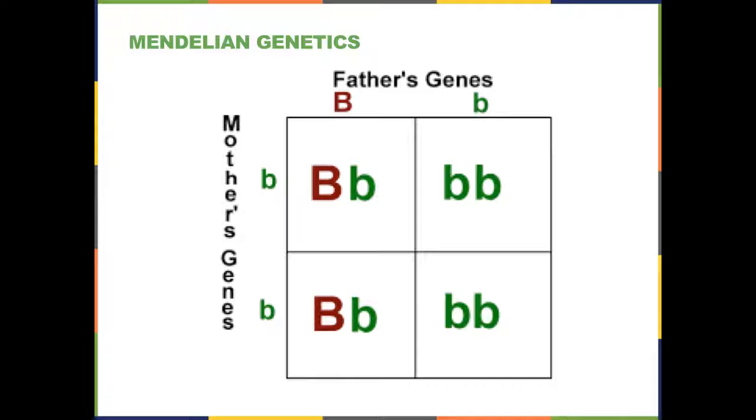Now when you select the particular letter, you can use a letter that reminds you of the trait that it's investigating. However, you use the same letter whether it's a capital letter or a small letter, regardless of the phenotype.